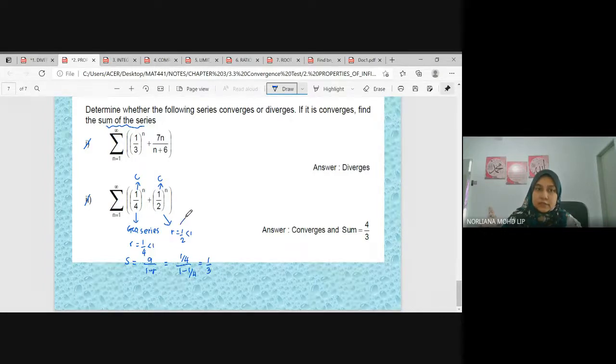Okay, untuk yang ni, sum, 1 over 2 over 1 minus 1 over 2. Okay, so akan dapat 1. So total sum, tambahkanlah 1 plus 1 over 3. So we get total sum is 4 over 3.